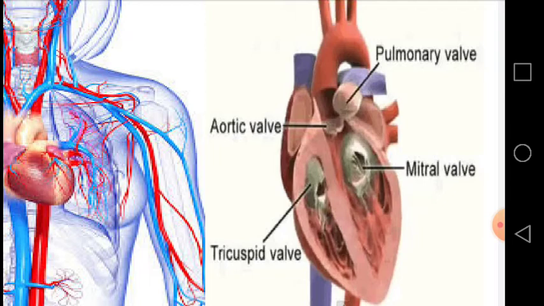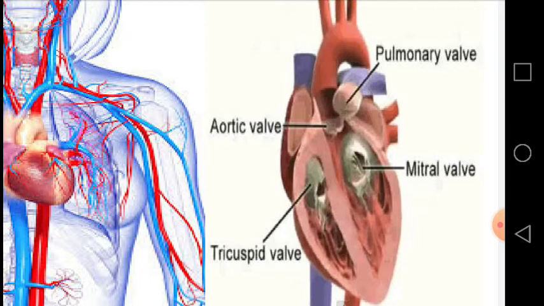It also removes waste materials such as carbon dioxide. The bulk of the heart muscle is made up of the two lower chambers called ventricles, which pump the blood out of the heart through arteries. There are two upper chambers called atria, which are smaller and less muscular. These chambers receive the blood through veins.